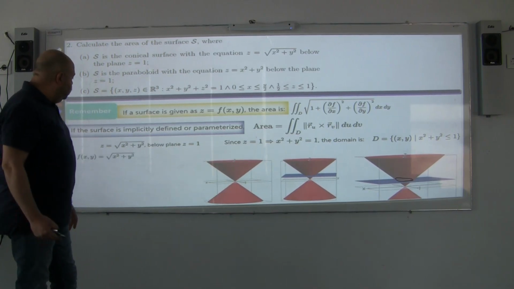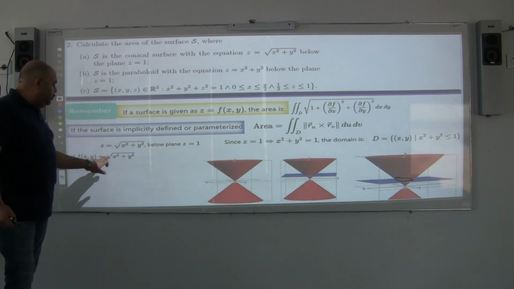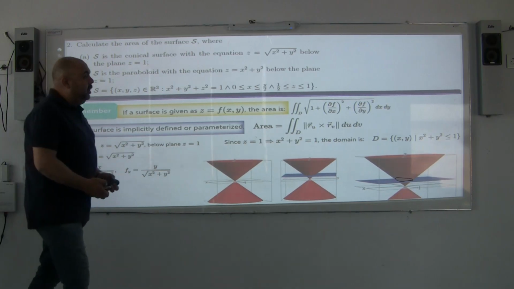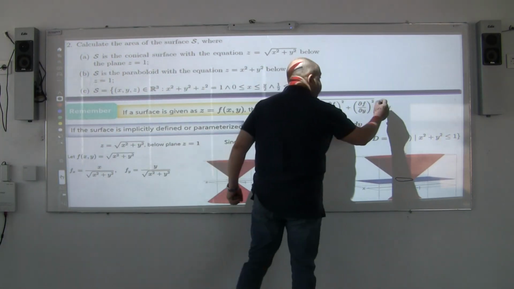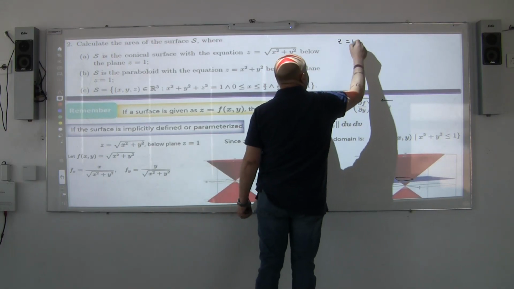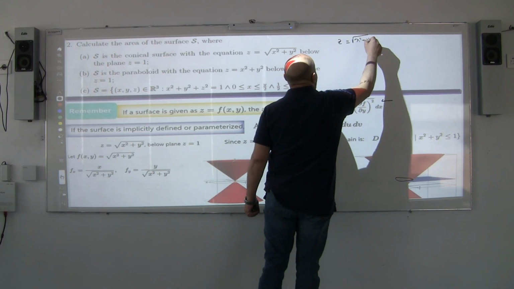So I will need to make the substitution. That's f, which is the root of x squared plus y squared. So I will get f sub x, f sub y. I'm preparing to use this formula here. So I have z, which equals the square root of x squared plus y squared.